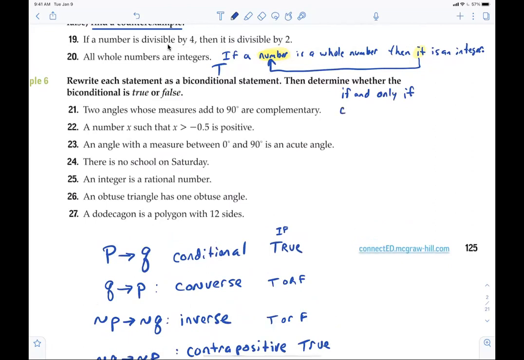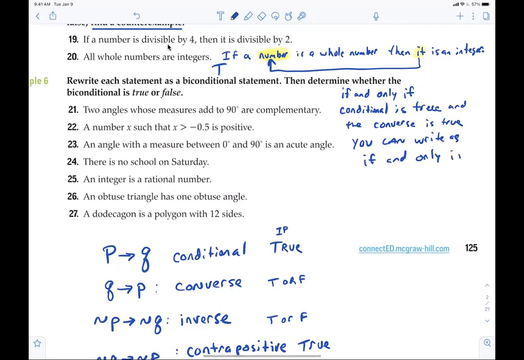So if the conditional is true and the converse is true, you can write it as an if and only if. And I'll explain that. And if and only if can be abbreviated as IFF.